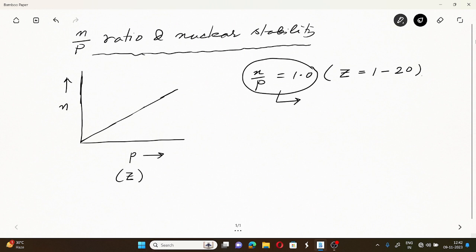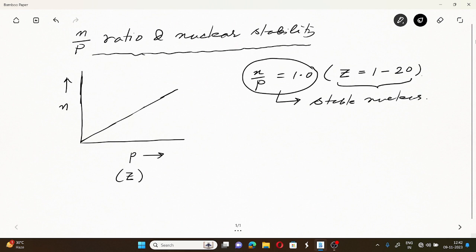That means they are not radioactive. So if the N by P ratio for these atoms with atomic number 1 to 20 is close to 1.0, then we say it is a stable nucleus. So this will represent a stable nucleus.